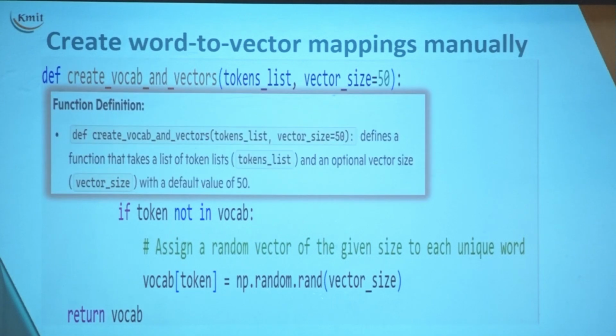Here I have named my function create vocab and vectors. What are the parameters that it has? What parameters does the word embedding method you are writing require? It requires tokens, of course, and apart from that, the hyperparameter. What is the hyperparameter, guys? The size of the vector. In what way is it going to affect your model?